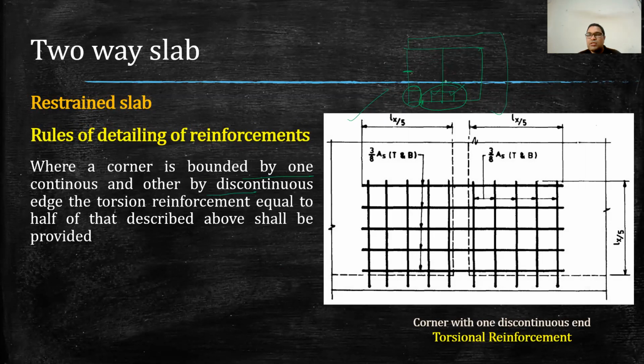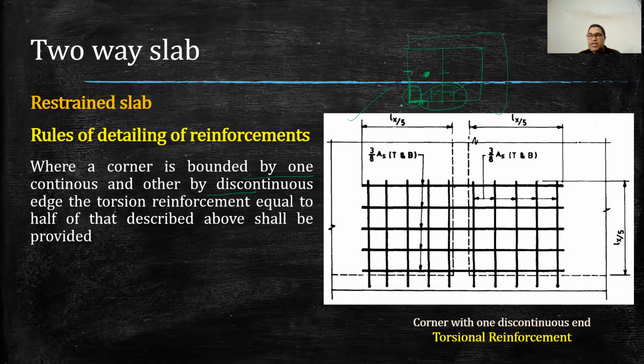Why? Because their one edge is continuous and one edge is discontinuous. So which means, now basically why are we providing this? See, you can see the slab panel is discontinuous here. So when the load is applied at the mid of this slab, this corner will try to lift up.